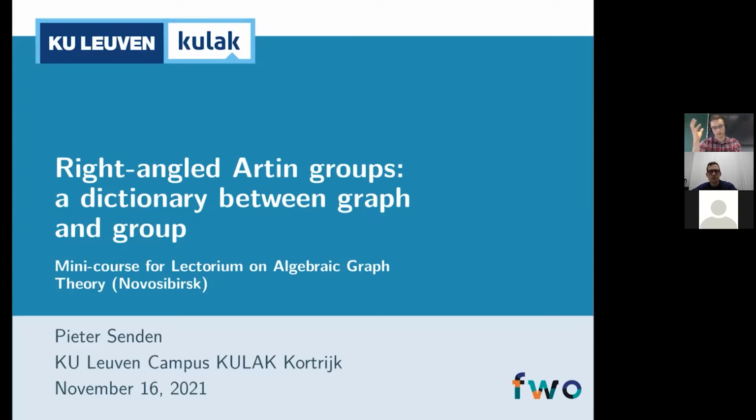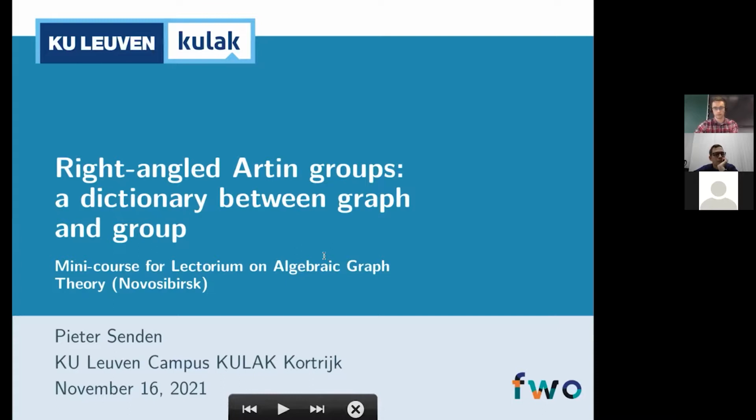It can be interesting for people that start working with right-angled Artin groups to have an overview of which properties are known. And on the other hand, people that are familiar with right-angled Artin groups may see the results presented in a different way, or in the second part, see the known results applied on a topic they may not be familiar with.